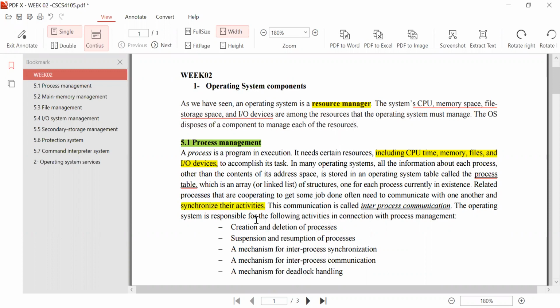Maybe there is a first process that needs to produce some output for the second process to use. Let's take a typical example. Say you are calculating the GPA.